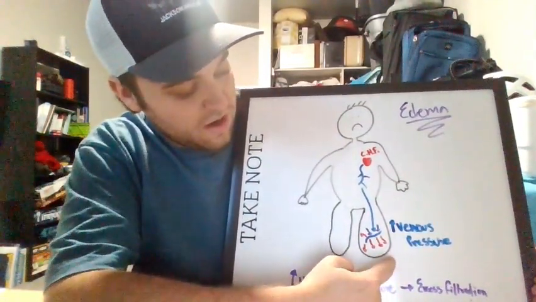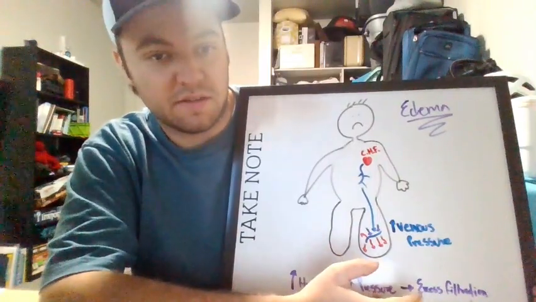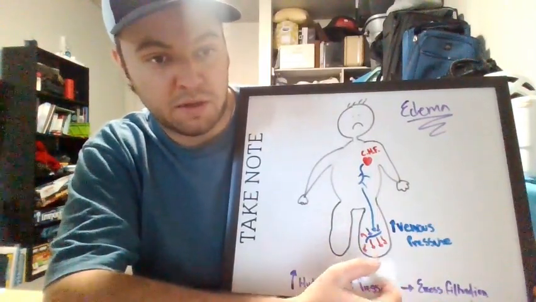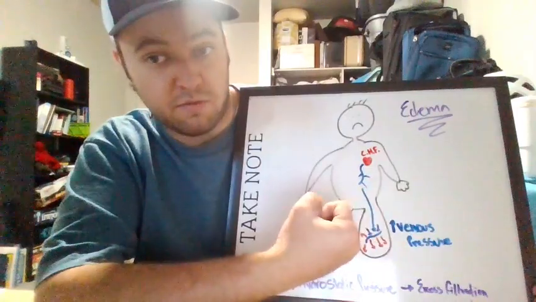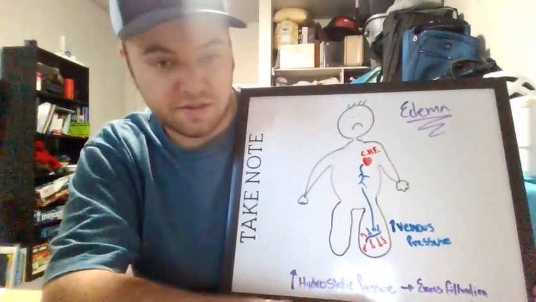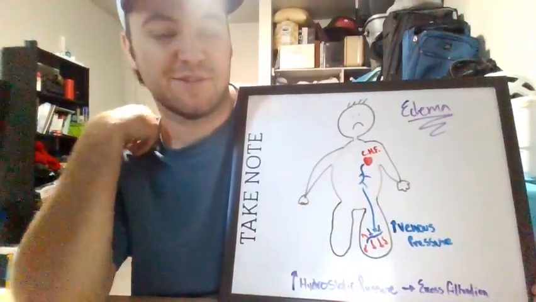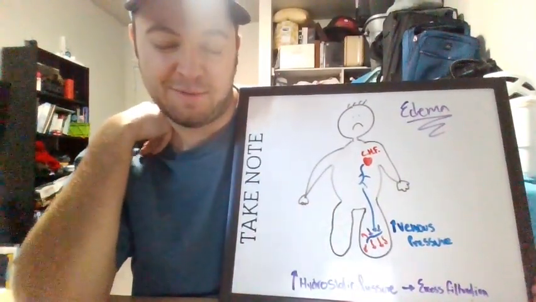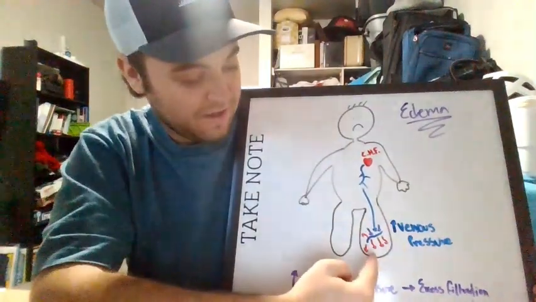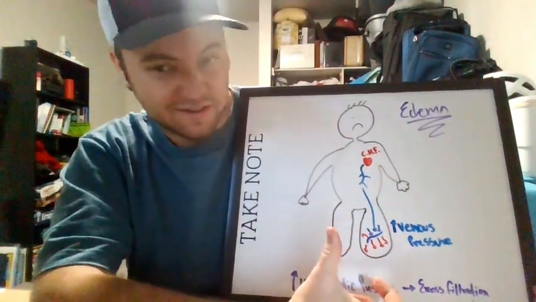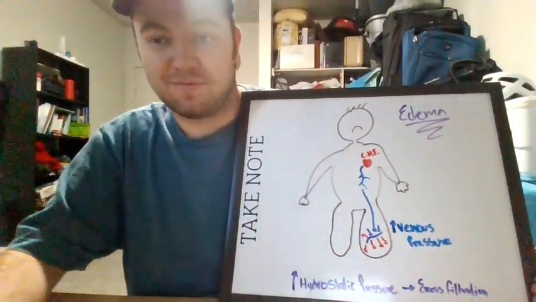So I have it right here. What this means is that there's more fluid being pushed out than being reabsorbed. So this leads to fluid accumulation in the interstitial space, which we call edema. So right here, there's more fluid in the leg, causing it to swell and be enlarged.